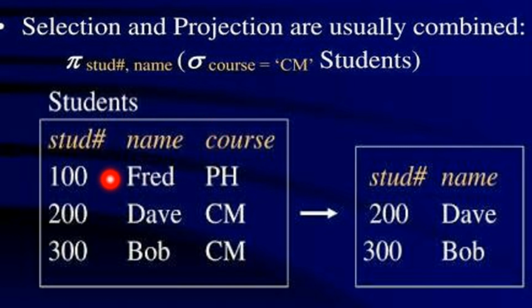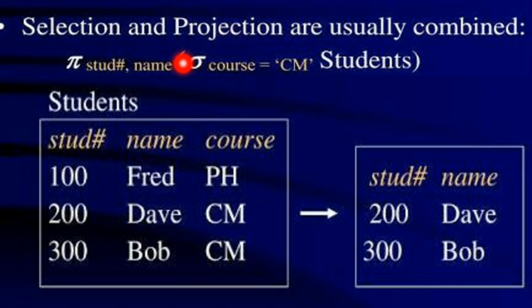Here is a student table. In the student table we have three attributes: student hashtag, name, and course. What is this query telling? Pi means projection, which deals with the attributes, that is, the column names. Here we have used student hashtag and name, so only these two attributes we are going to project in the output. And what is the condition given?